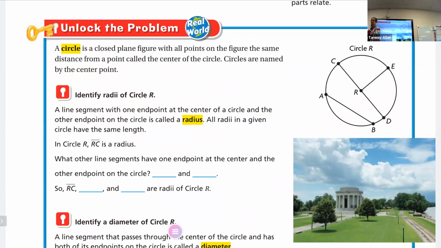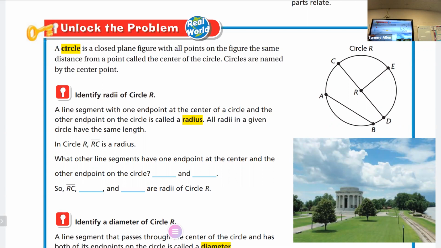All right. Parts of a circle. First off, you need to understand that a circle, by definition, is a closed plane figure. By plane, that means a flat surface. With all points on the figure the same distance from a point called the center of the circle.